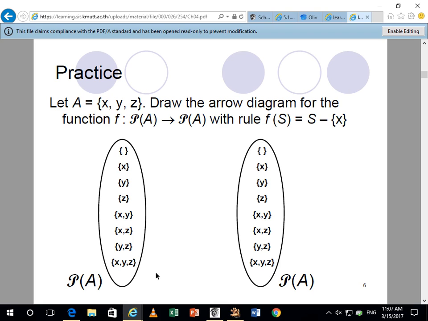What is the power set of A? Power set of A means all subsets of A. What are the subsets of A? Write them. All of them, all the subsets. Okay, so first you write this. Power set of A equals, and then you put open braces. That means it's a set. Okay. So what's the first element?